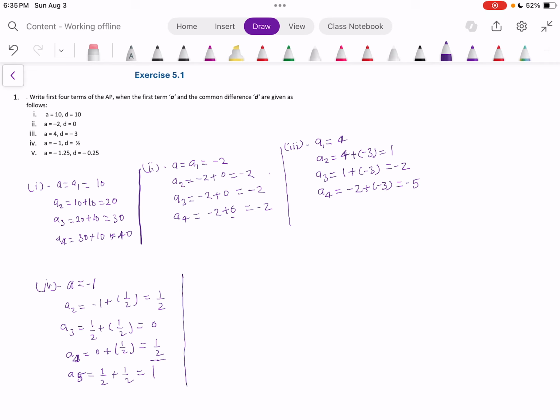Then the fifth: A is -1.25. So A, or A1, is going to be negative 1.25. D is -0.25. A2 is going to be the previous term, which is 1.125, plus -0.25, which is going to be 1.25, not 125.